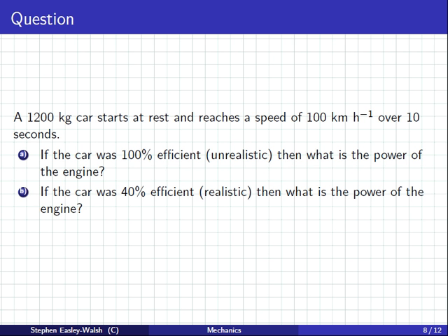Because it has to now overcome its inefficiency. So, what did you say the first time it was? 46.2 kilowatts. Okay, give me the answer for the next part now with the 40% efficiency. It should be a bigger number.